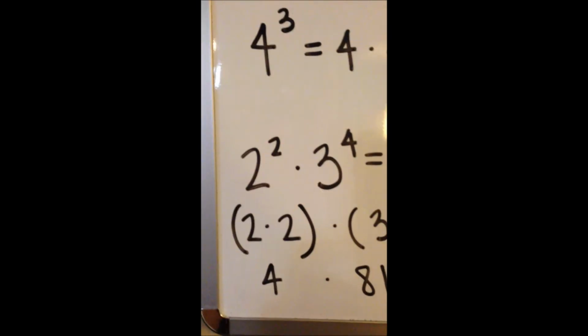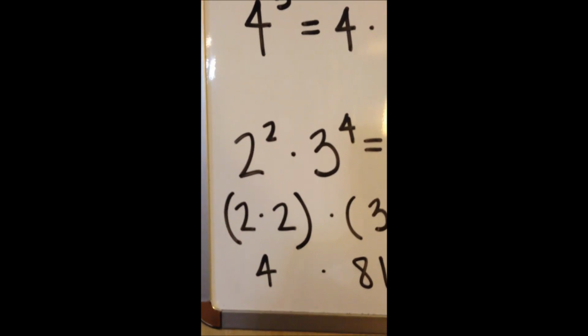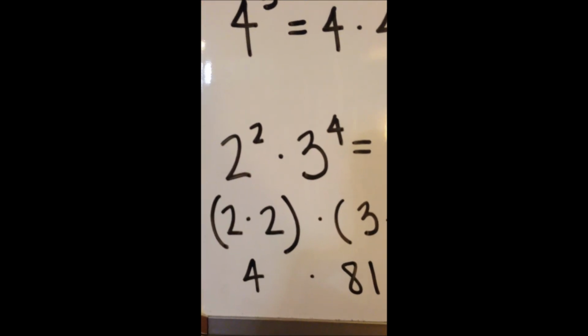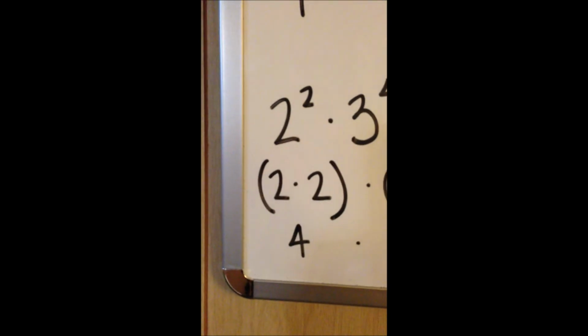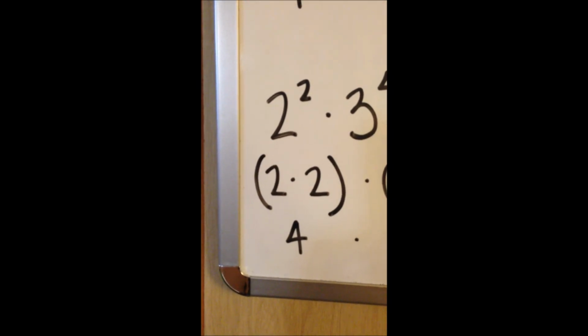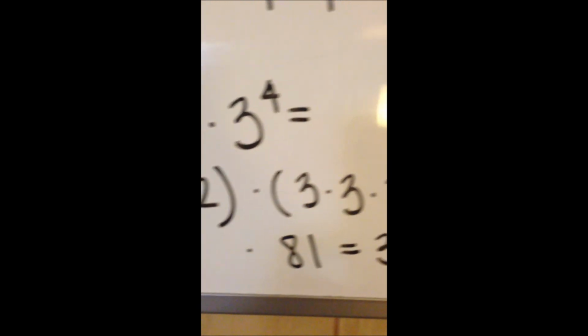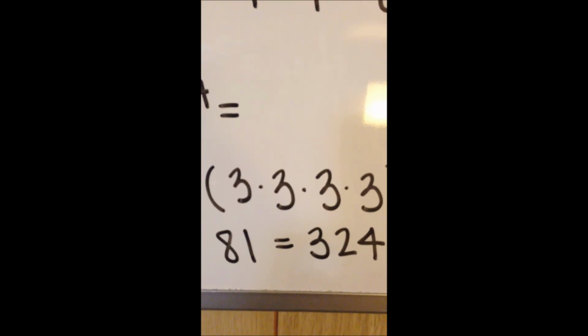Okay, another example, which you'll notice combines 2 bases with corresponding exponents. We have 2 squared times 3 to the fourth. The first thing you want to do is write out 2 squared as 2 times 2, and notice that I grouped it, times 3 times 3 times 3 times 3.